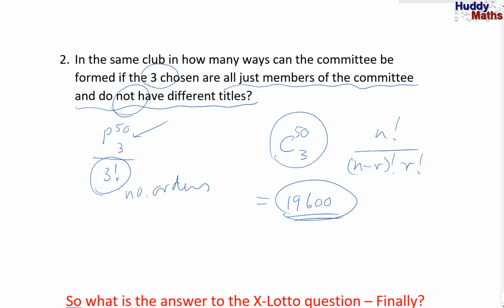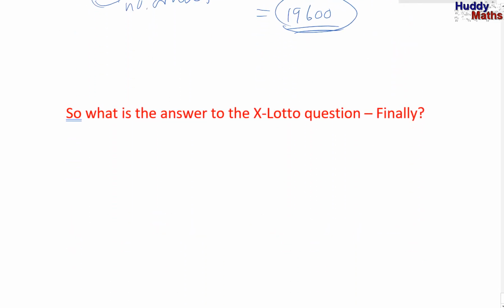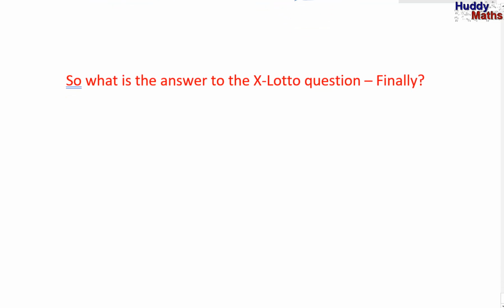Okay, let's come down for the last little bit here. So what is the answer to the cross Lotto question, finally? Well, the answer was, of course, we are taking 45 numbers in no specific order, not counting the orders as different possibilities, and we're taking them 6 at a time. And thank goodness we've developed our technique during this presentation, because the answer now is this.